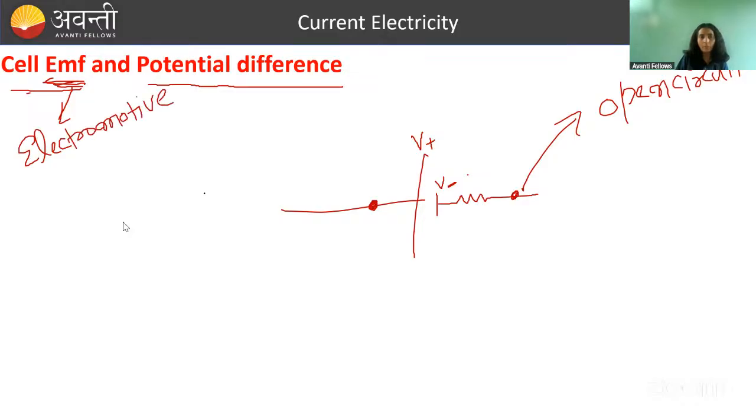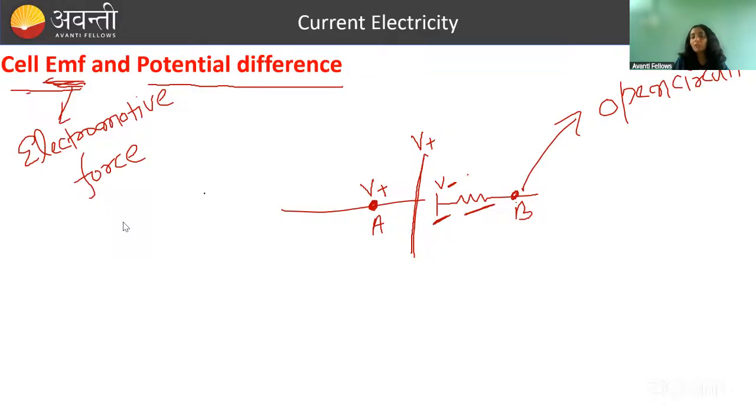Electromotive force. ठीक है? Now we have to calculate potential difference across point A and B when the circuit is open, when there is no current flowing. Then what you will do? This point A is directly connected to this positive terminal of the battery. So this point A will have potential V plus. Now come to the point B. Between this negative electrode and B, there is one resistor on which potential can drop.